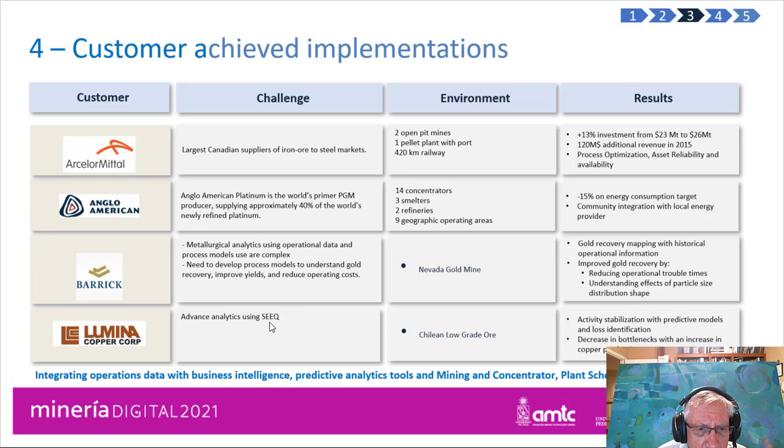Alumina copper, where we're now using SICK, in addition to the other tools that we were using before, that are really embedded into the use of the real-time series information collected by the PI system. So active stabilization of the plant using the predictive models to avoid the constraints and identify the losses when those constraints are being violated.